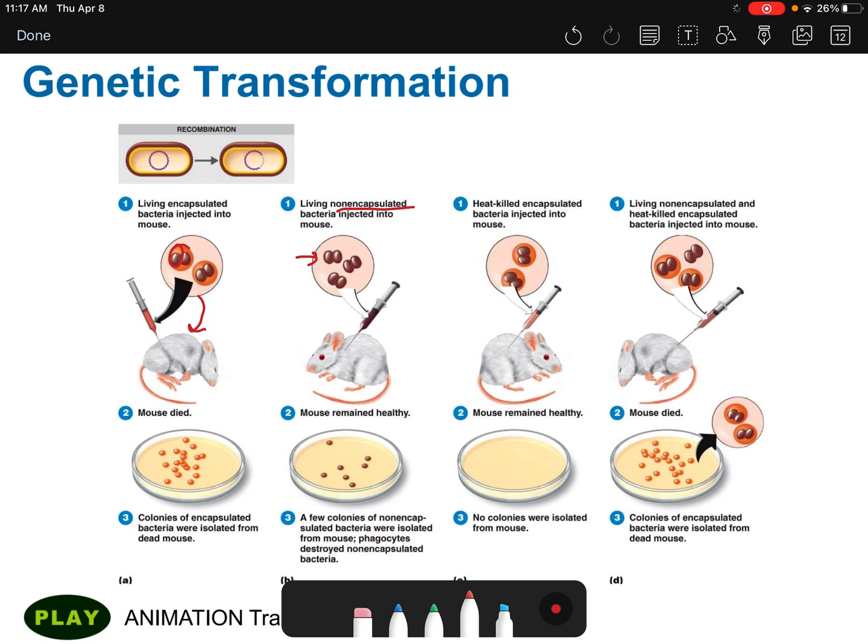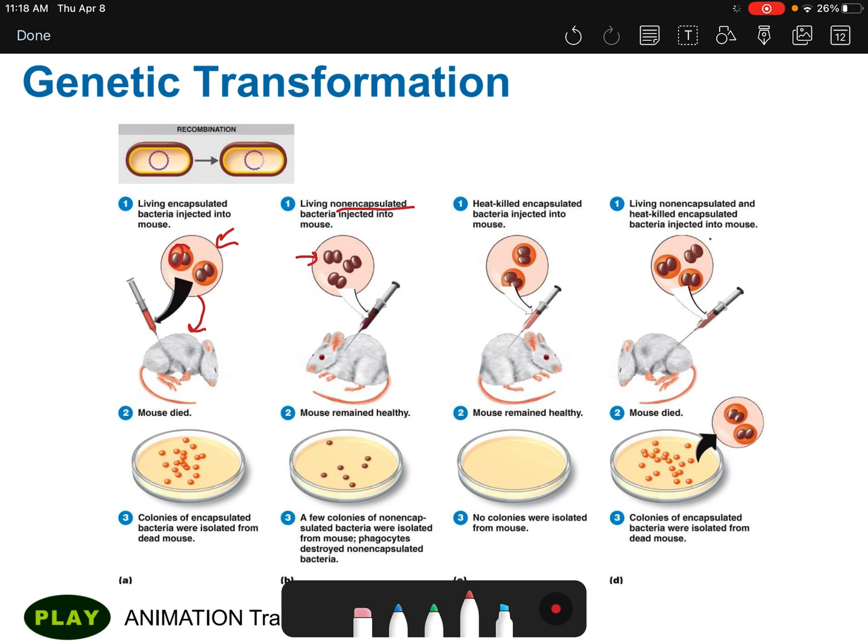When he had used the smooth strains that did not have the capsule surrounding it, or the rough strains that didn't have the capsule, those mice remained healthy. So then what he did is he heat killed these ones over here that normally cause pneumonia and kill the mice. He heat killed these and injected them into the mice, and the mouse was healthy.